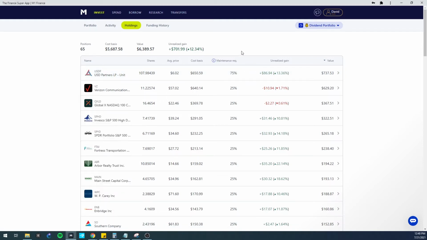Whatever. Now, another thing to look at is this maintenance requirement. This deals with borrowing on margin and margin lending.